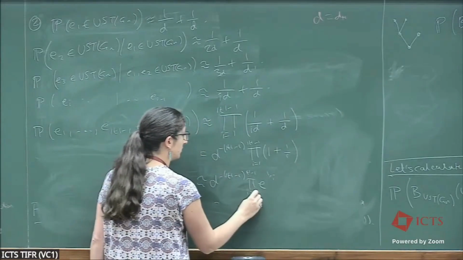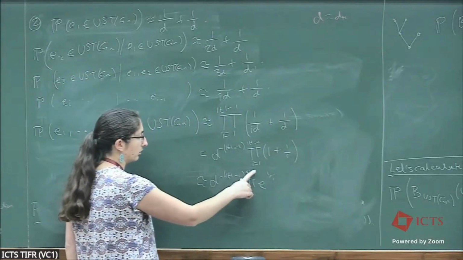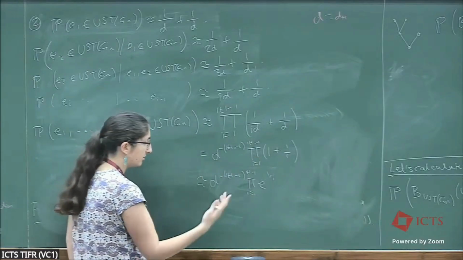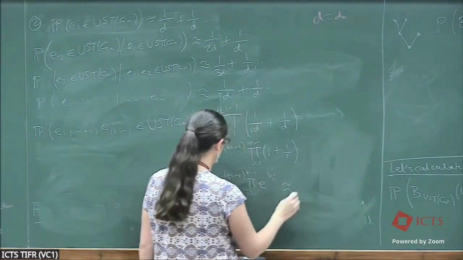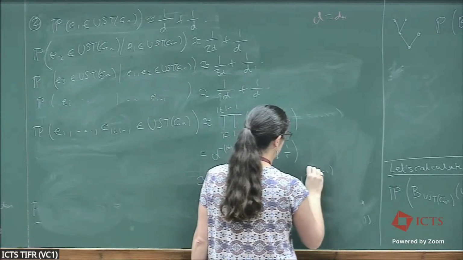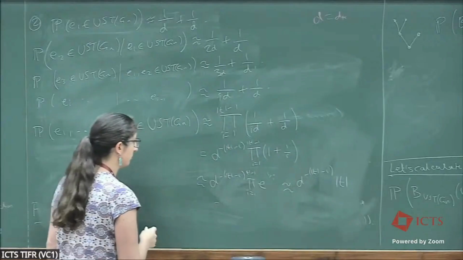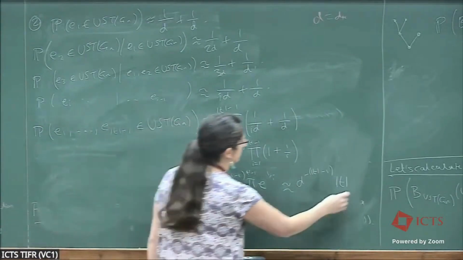Then I just need to sum the harmonic series up to t minus 1, so I get the exponential of the log of t minus 1, which will give me something like d to the minus (t minus 1). It should be t minus 1, but I will just write t because we don't worry about the plus 1 or the minus 1. So that's the first step.